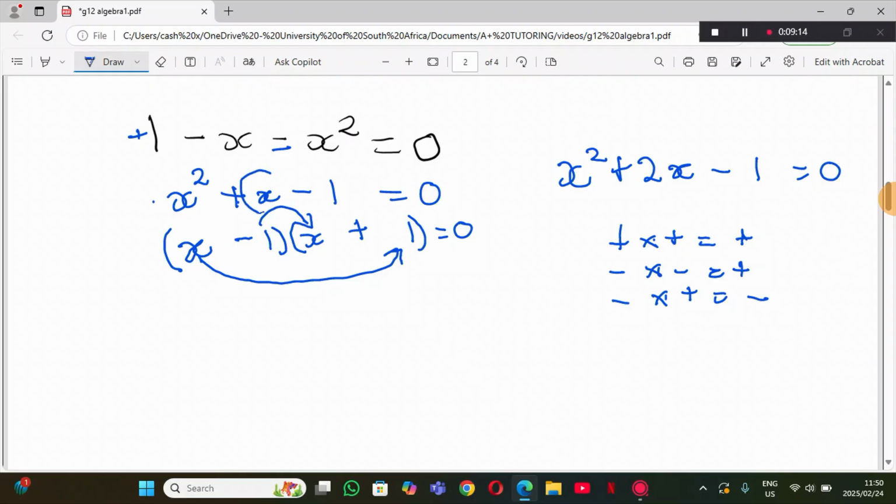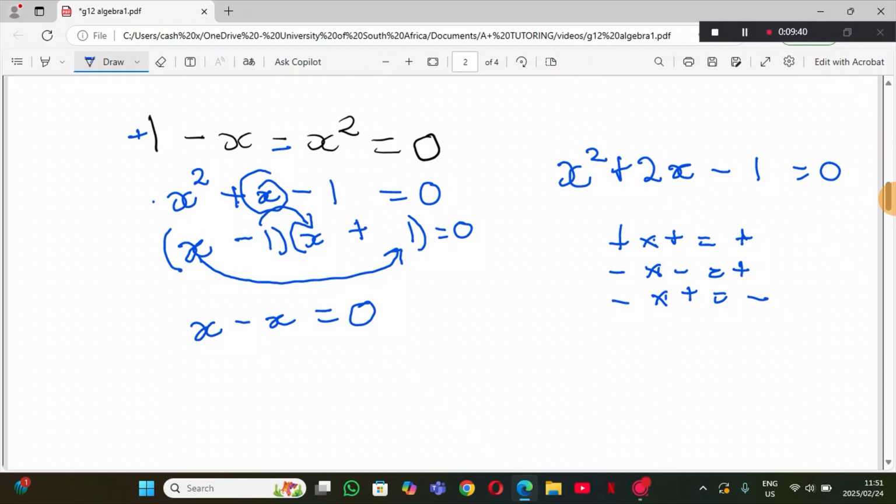Because do you see that this is an x, and you only get an x when you multiply an x with the number and x with the number. So in this case, you multiply x times 1 gives us x, and then minus x times x gives us minus x, meaning in this case I have 0, which is wrong because my middle number is a 1. That means that these cannot be my factors.